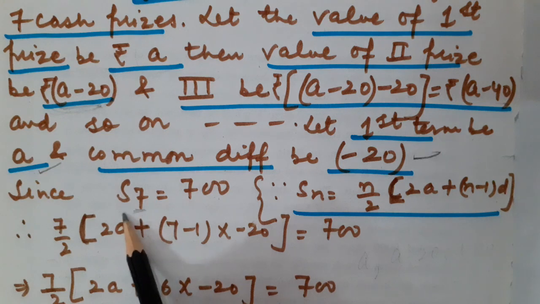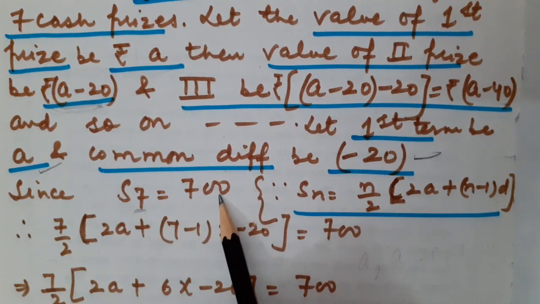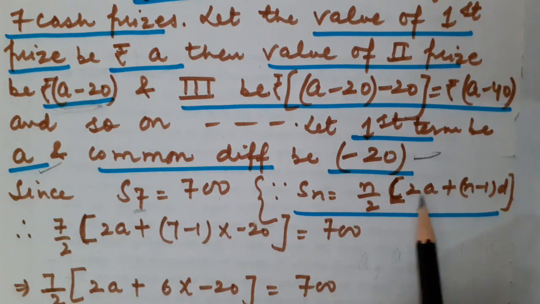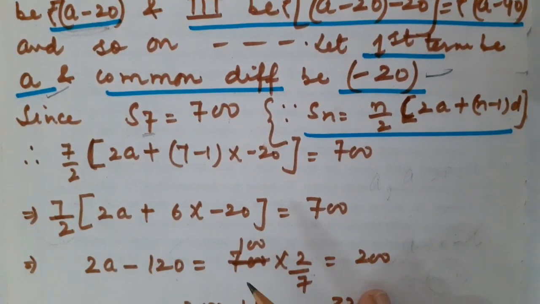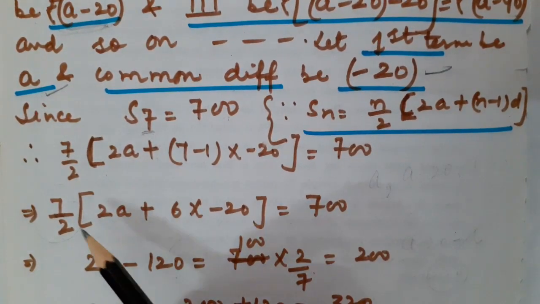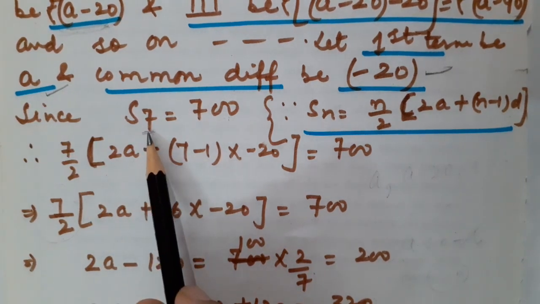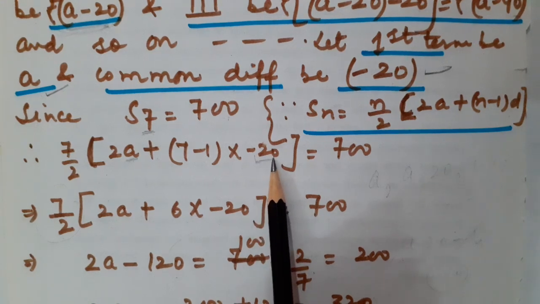Fine. And we have the total cash prize given, which is equal to 700 rupees. So it will become S7, because this is the total sum given, is equal to 700. Let us recall the formula. Sn is equal to n by 2 into 2a plus n minus 1 into d. Put the value n is equal to 7 over here, and in place of a you will write a, of course, and the common difference will be minus 20.